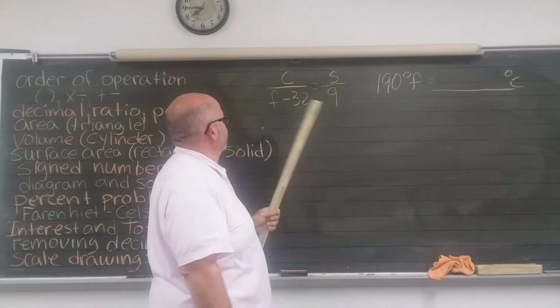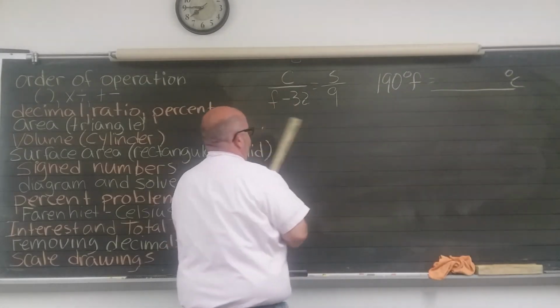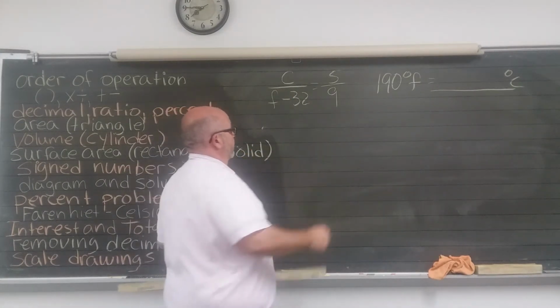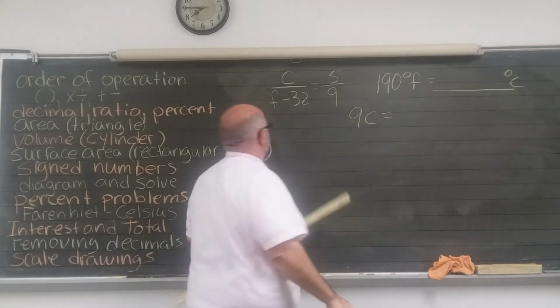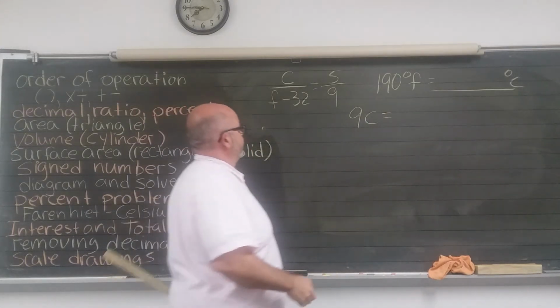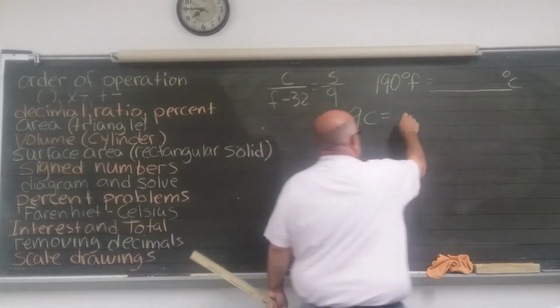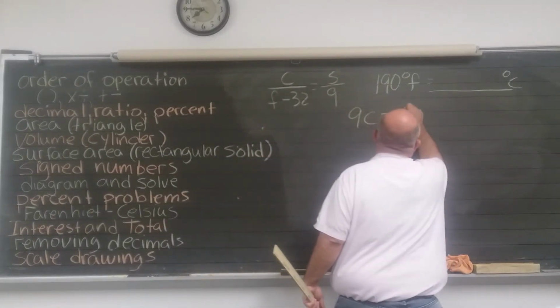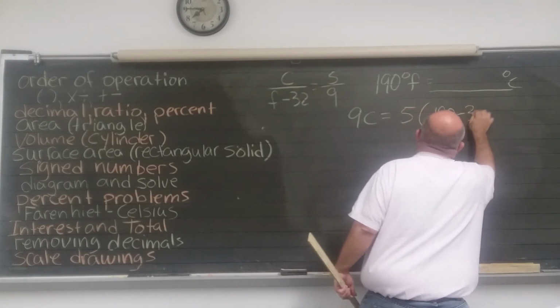C is always on the top. So this is what it looks like. It's always going to be 9C equals Fahrenheit 190 minus 32 times 5. So you can have it like this, 5 times 190 minus 32.